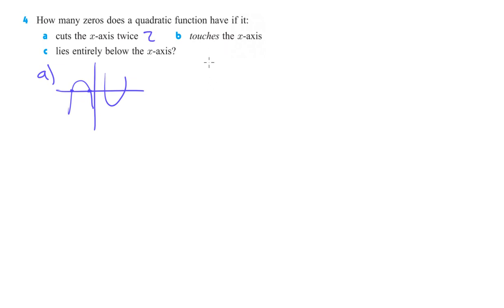If it just touches the x-axis, it's going to look like this, or like this, something like that. So that would have exactly 1. And if it lies entirely below the x-axis, like this, or something like that. That's not a very pretty one. That's not really a function here, but you get the idea. Then that would have no zeros, right?